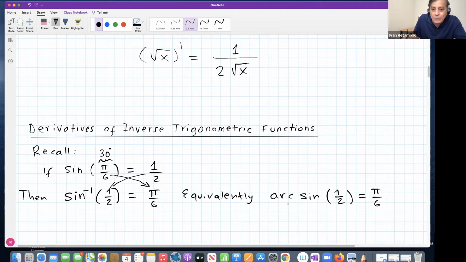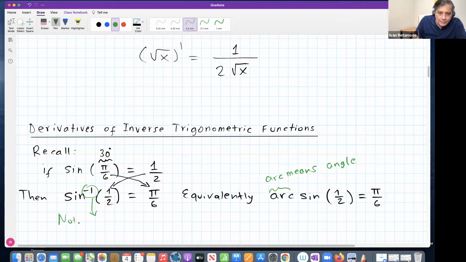So arc means angle, right? Maybe I should write here on the top: arc means angle. All right, guys, with all this and with a little note here: note, this is not an exponent, right?